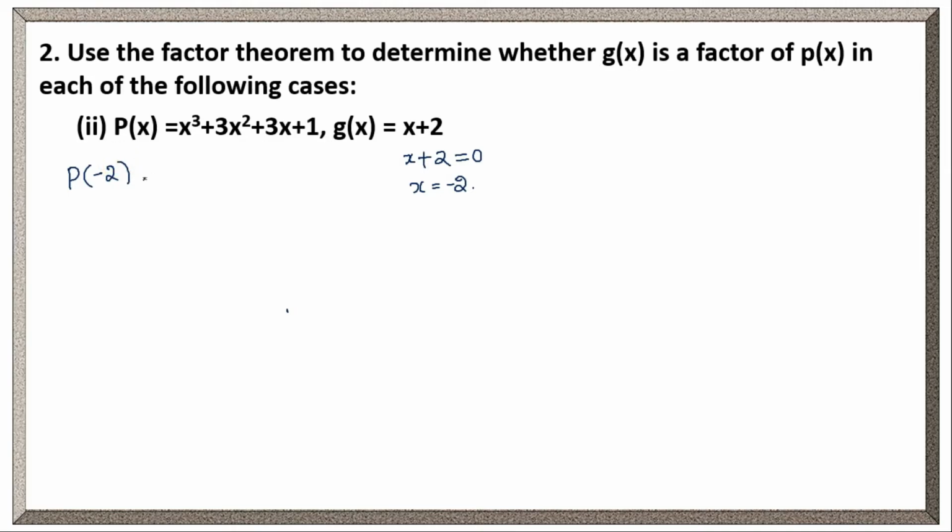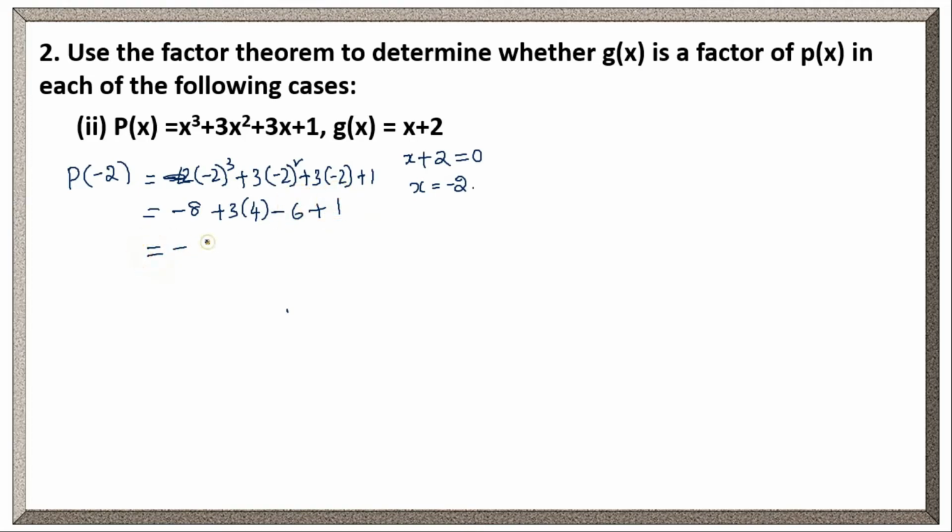P of minus 2 equals (minus 2) whole cube plus 3 into (minus 2) whole square plus 3 into minus 2 plus 1. Clear? So (minus 2) whole cube is minus 8, plus 3 into (minus 2) whole square is 4, plus minus 3 into 2, 6, plus 1.